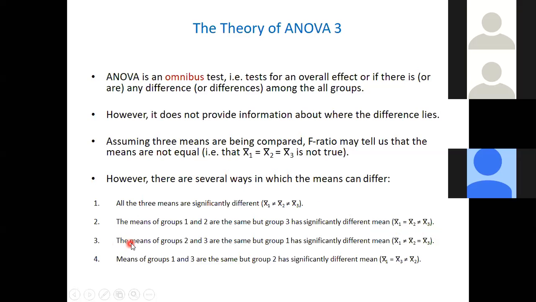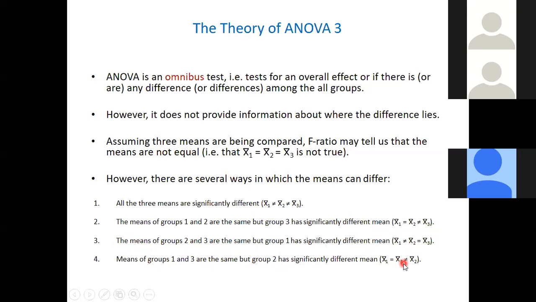Another scenario: the means of groups 2 and 3 are the same, but group 1 has a significantly different mean. So 2 and 3 are the same, 1 differs. Then you can have means 1 and 3 the same, but group 2 significantly different.